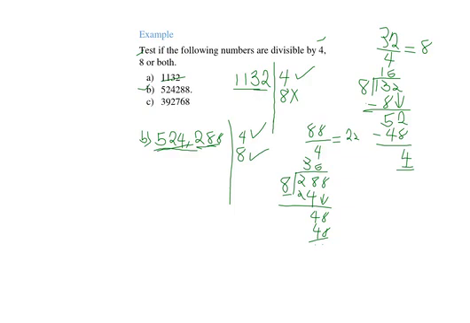Lastly, we have 392,768. So this is our number, 392,768. So let's test for 4. We consider the last 2 digits, that is 68.